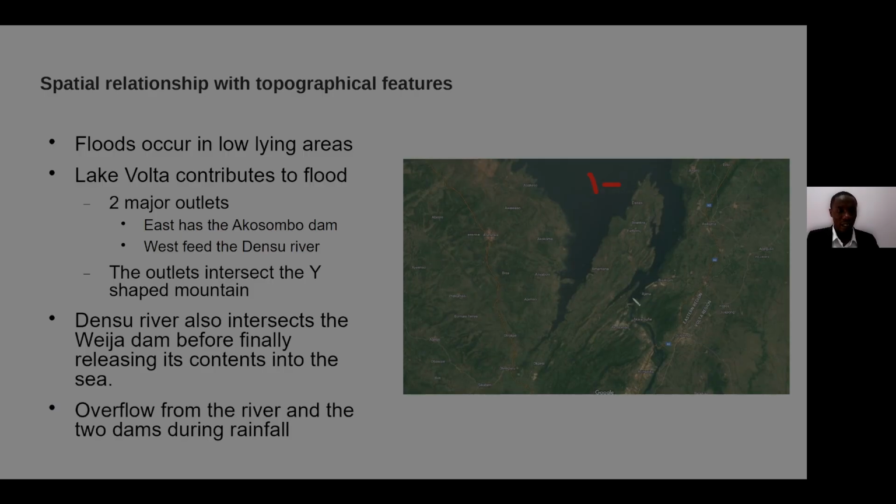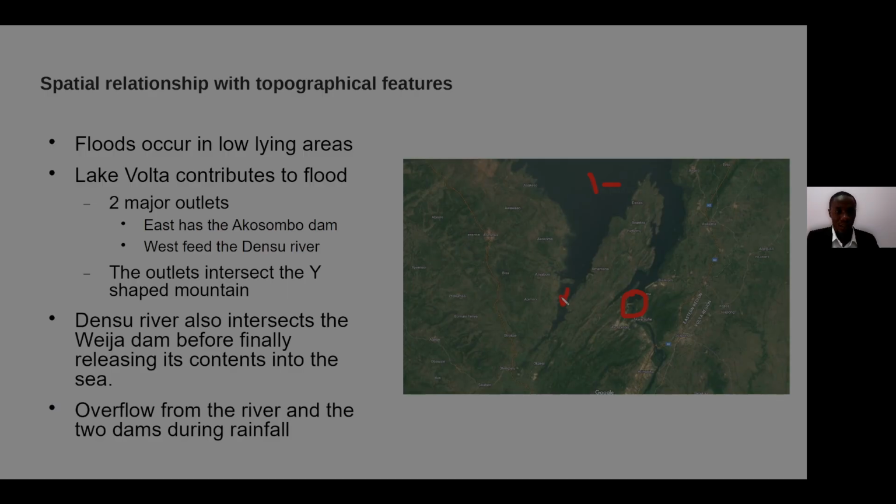The one on the eastern part feeds the Akosombo Dam that is used by the Electricity Company of Ghana to provide electricity to the country.